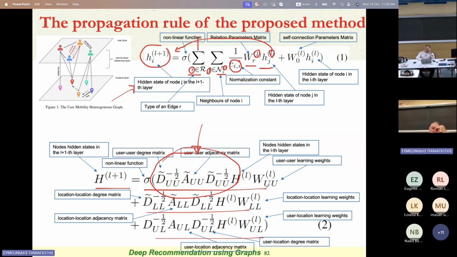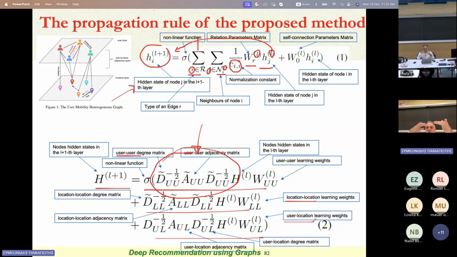And we have also different types of information that come from the user-user graph, from the location graph, and from the user-location graph. So we have 3 different types of information that we want to incorporate into our model.